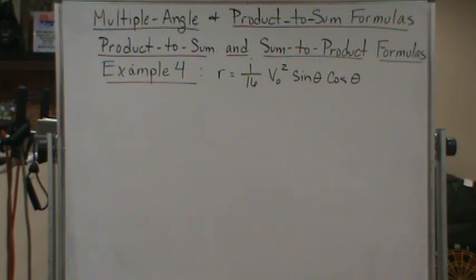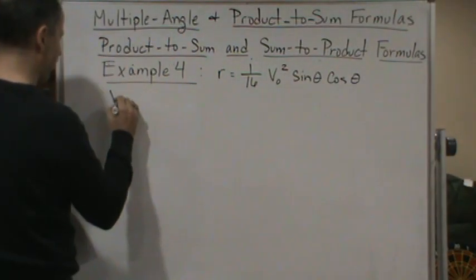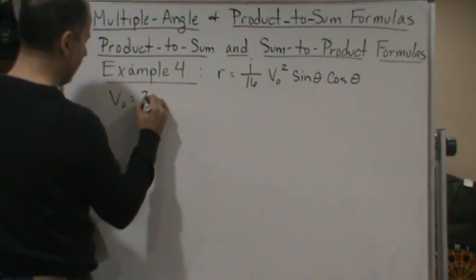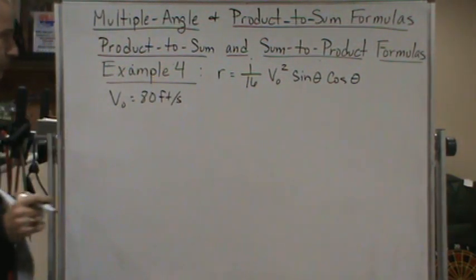A football player kicks a football from ground level with an initial velocity of 80 feet per second. So we're saying v naught is given as 80 feet per second.